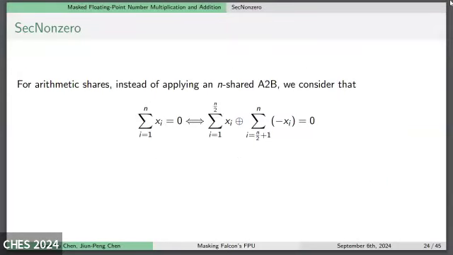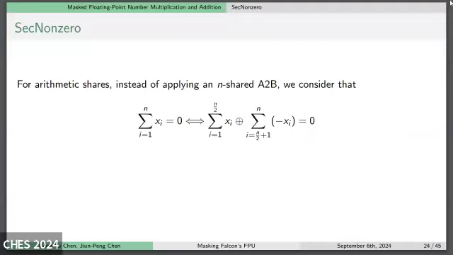For the arithmetic shared version of secure non-zero, a simple way is to apply an n-shared A to B, and then use the Boolean shared version of secure non-zero. But instead of doing this, we consider that the sum of all xi is 0 if and only if the XOR of the first n over 2 shares and the negative of the last n over 2 shares is 0.